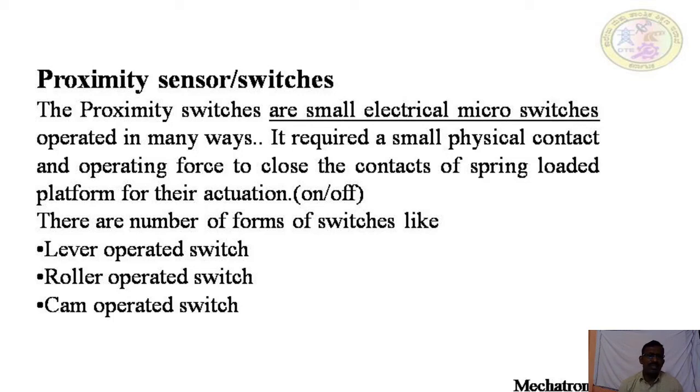The main purpose of these proximity switches is to close the contacts, thereby opening or closing the circuit. So for switching on and switching off, we can use these proximity switches as small electrical micro switches.